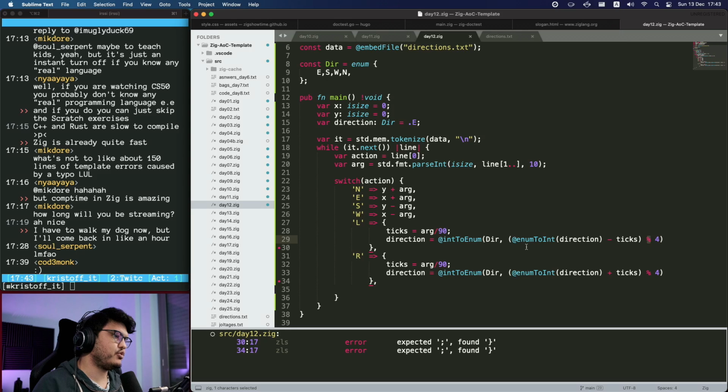I don't think this is the modulo that I want. I think it's at mod.